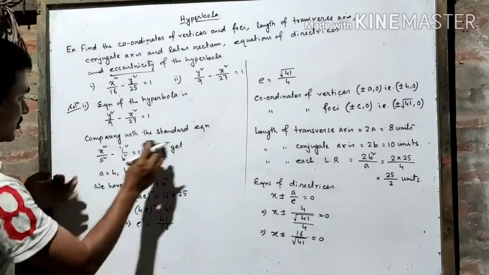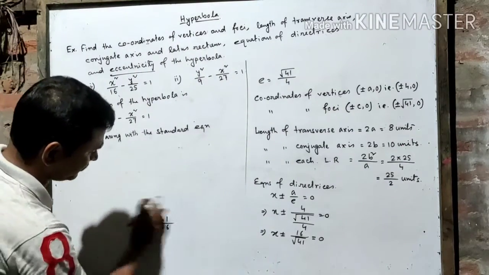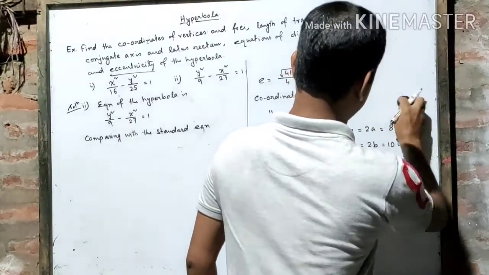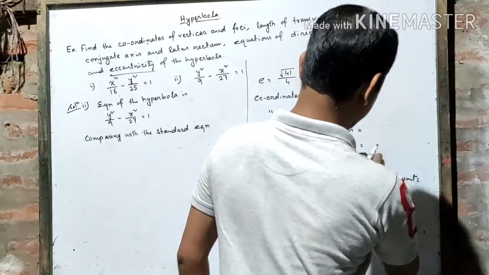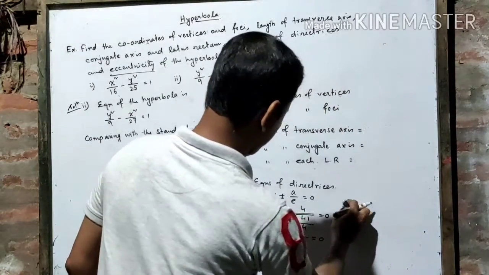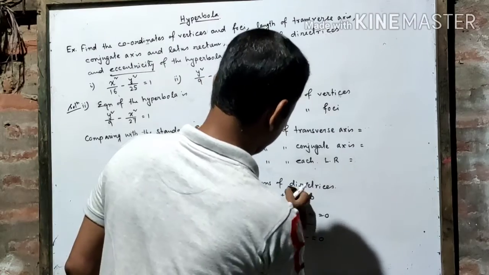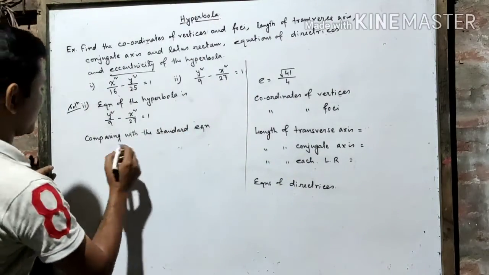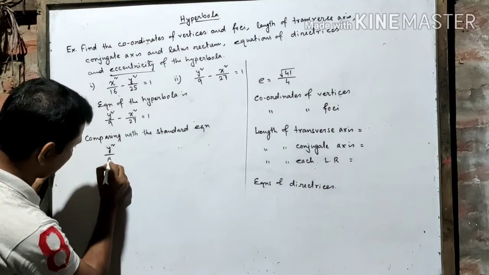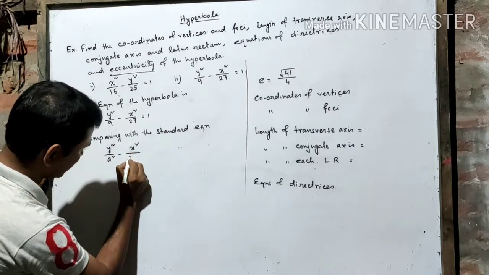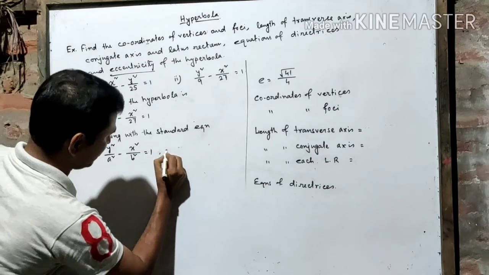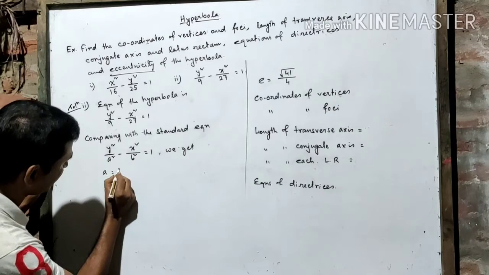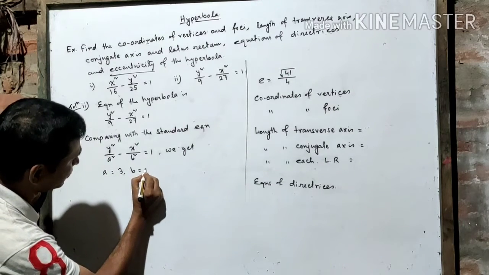So comparing this with the standard equation, y square by a square minus x square by b square is equal to 1, we get a is equal to 3 and b is equal to 3 root 3.